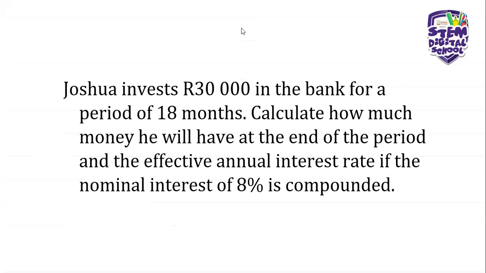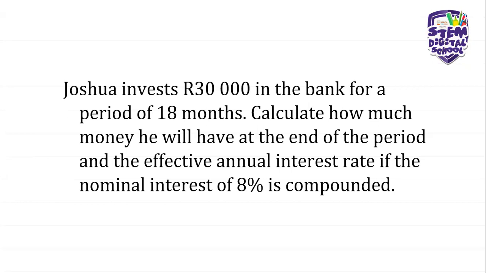This I've done before, I believe, but I want to emphasize the need to demonstrate that when you look at an investment which is made for a period of 1.5 years, and that would be 18 months, you need to be able to calculate the value of the investment at the end of the period, which is 1.5 years or 18 months.